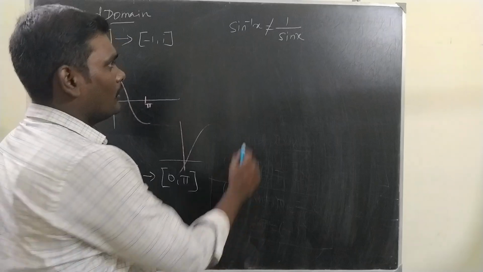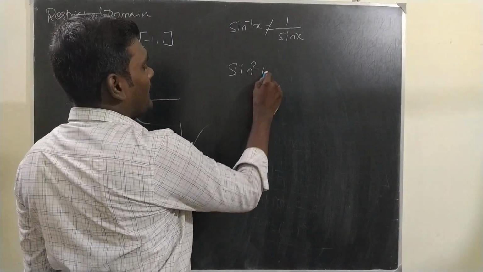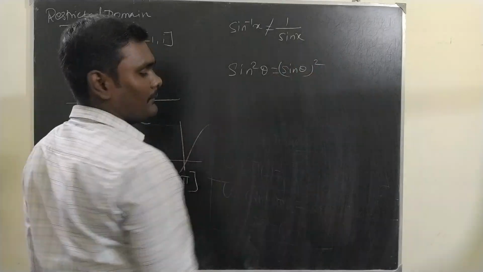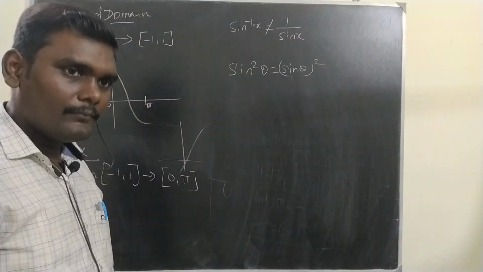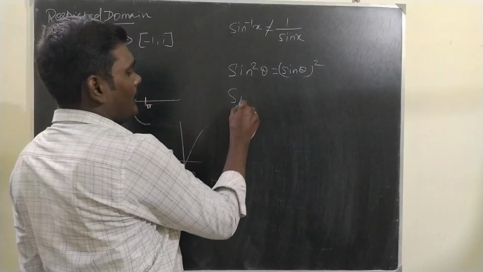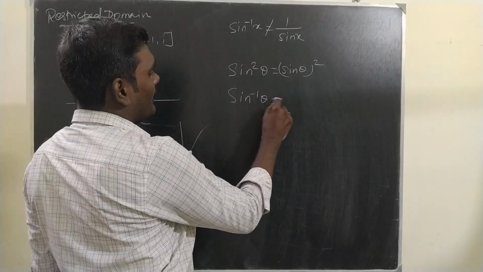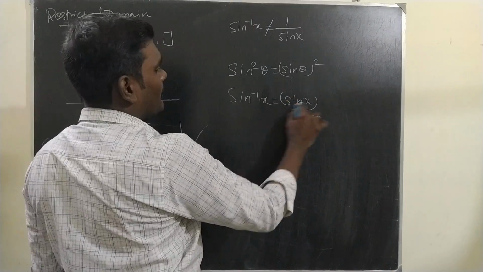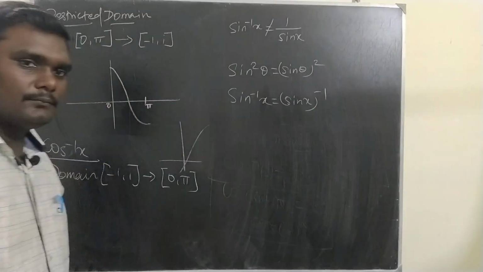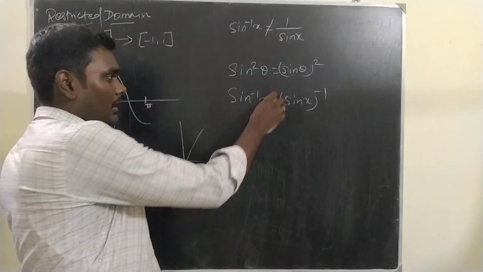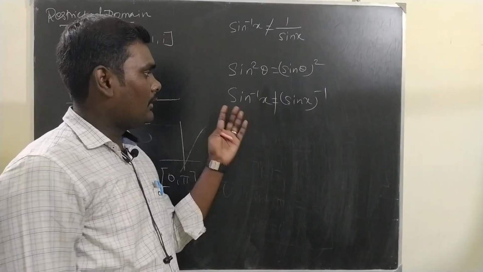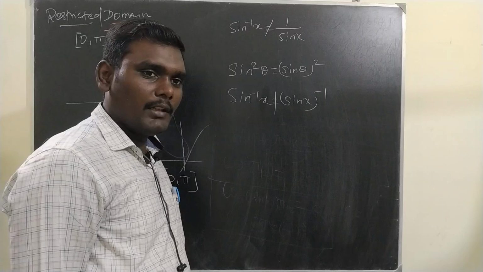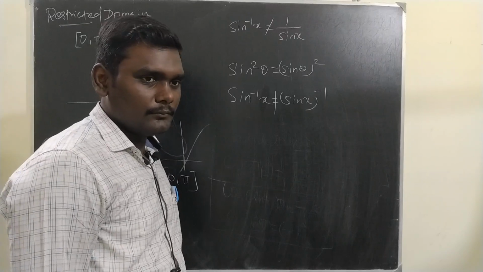Also, we are habituated to sin square theta equals (sin theta) whole square, right? Now, shall we write sin inverse of x equals (sin x) whole power minus 1? No, it is not meaningful. So we should not do these kinds of things.